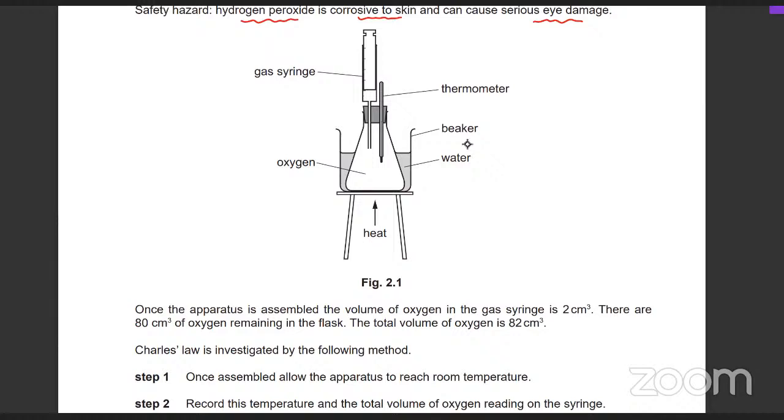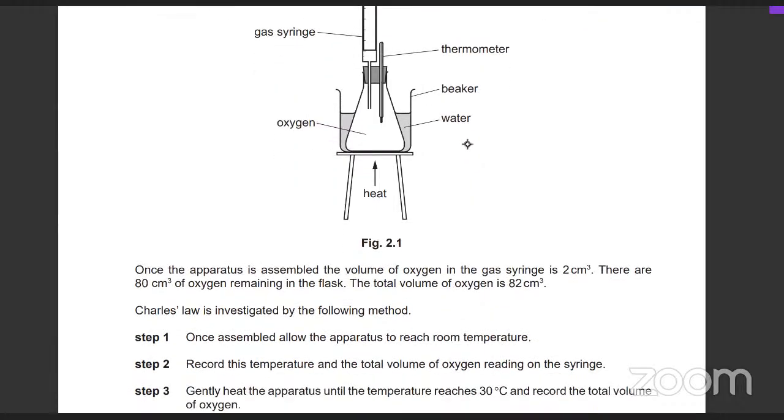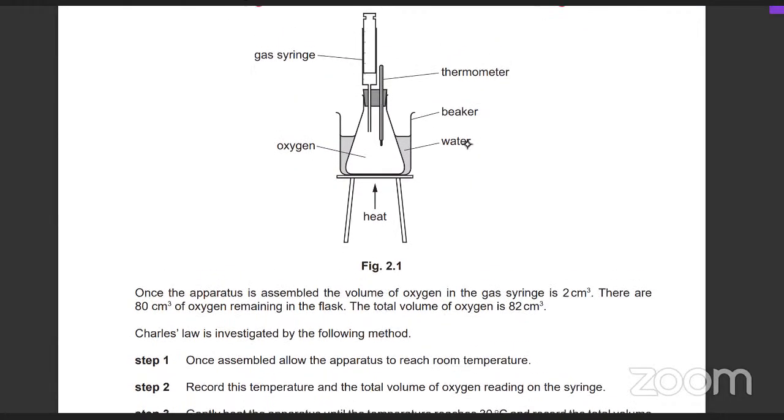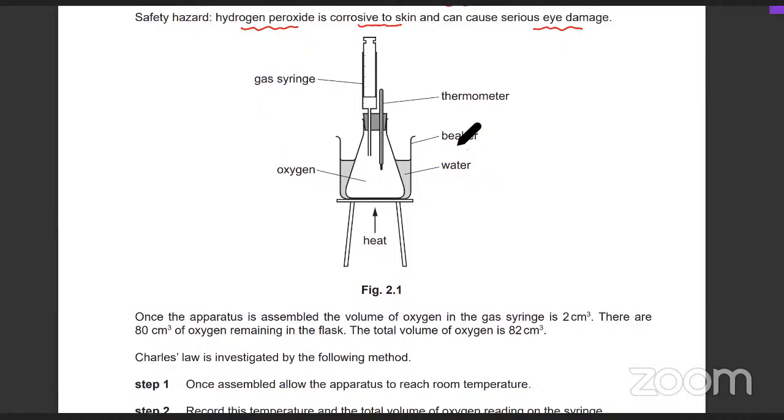Now, once the apparatus is assembled, the volume of oxygen in the gas syringe is 2 cm cube. There are 80 cm cube oxygen remaining in the flask. The total volume of oxygen is 82 cm cube. What did he mean by this? Once the apparatus is assembled, the volume of oxygen in the gas syringe is 2 cm cube. So there's 2 cm cube of oxygen.